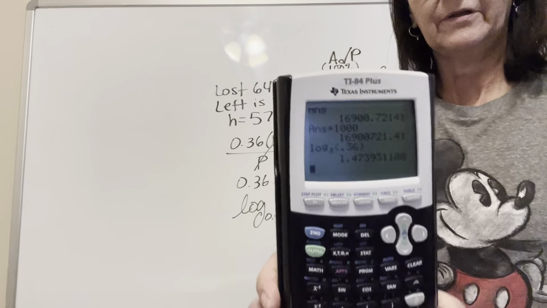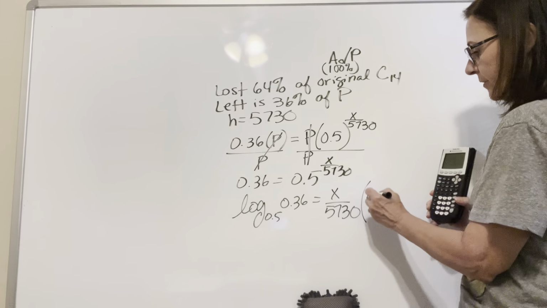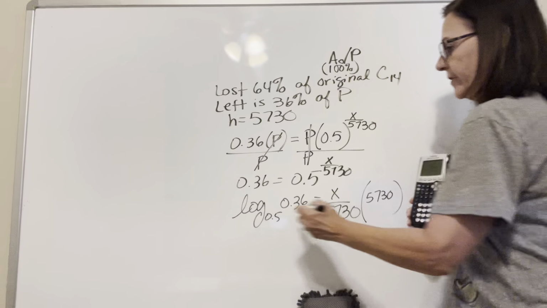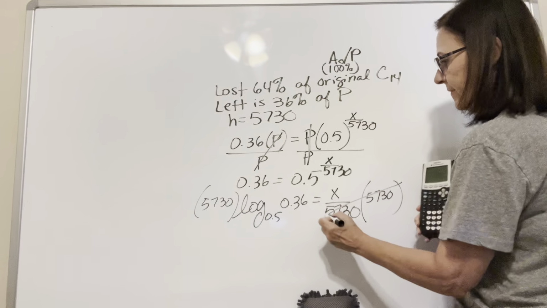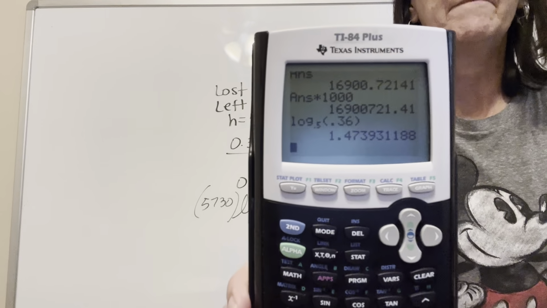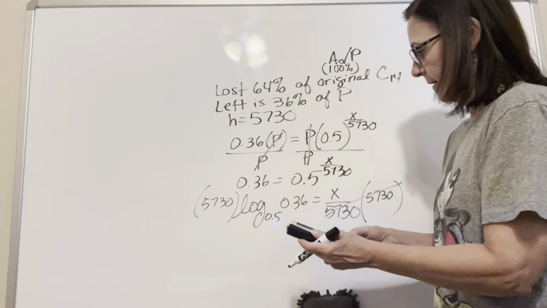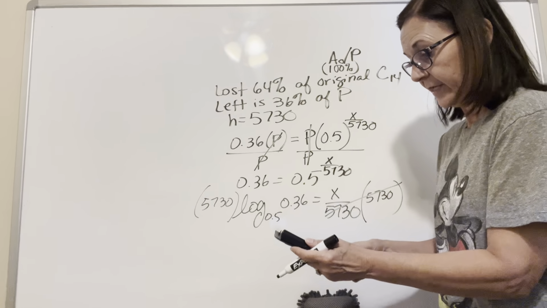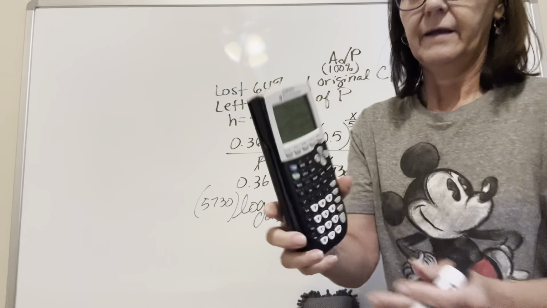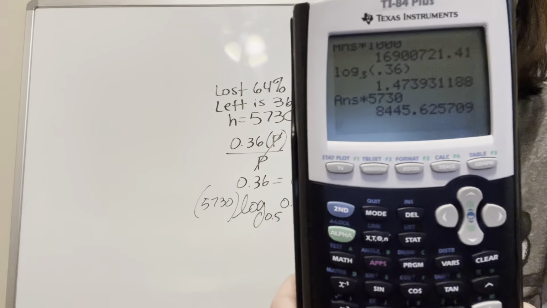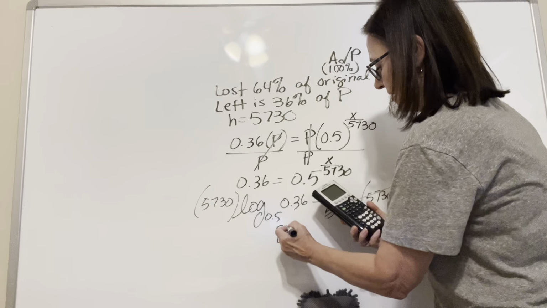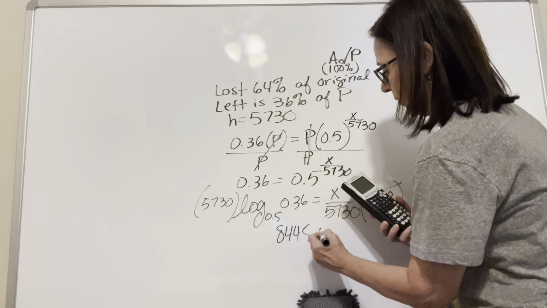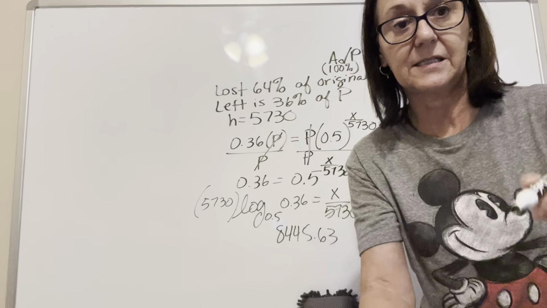Once I have that, now I'm going to multiply by 5730 on both sides. And I've solved for x, so I'm going to take that and multiply by 5730. And that's the answer. That's how many years? 8,445.63. All right, does it make sense?